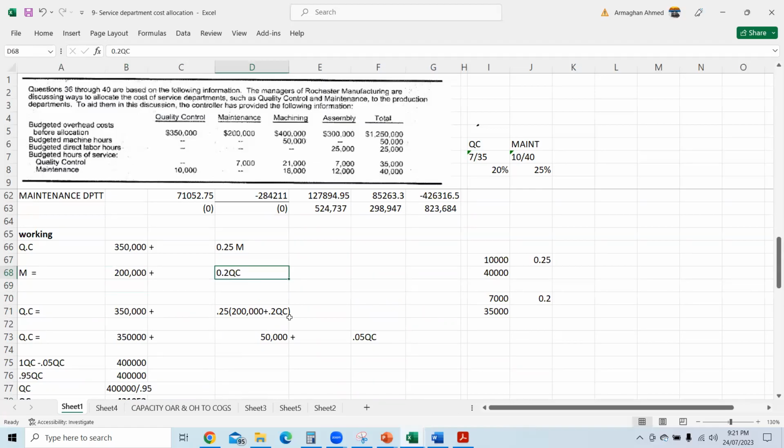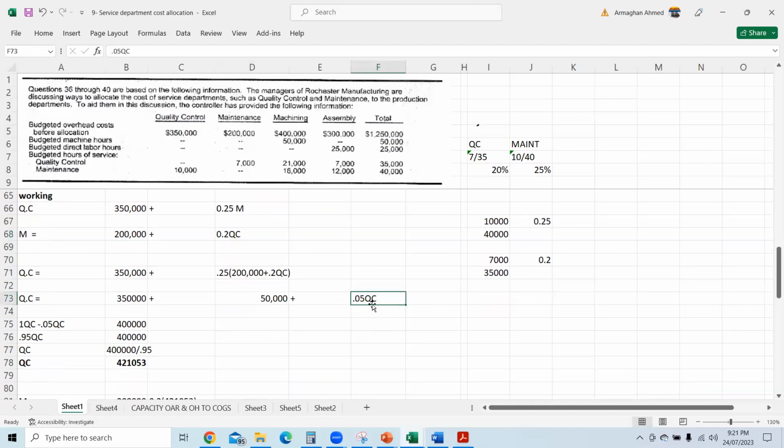So 0.25 into 200,000 is 50,000, and 0.25 into 0.2 is 0.05 QC. This 0.05 QC will go there, so 1 minus 0.05 QC means 0.95 QC, and 350 plus 50 becomes 400,000, right? So now QC 0.95 will go and divide. So 421,000 will be the cost of QC.